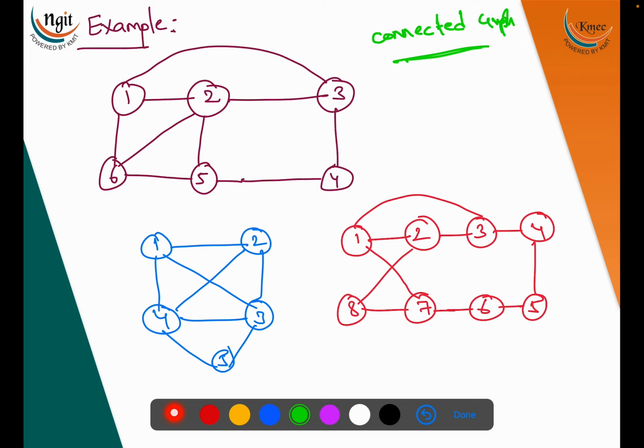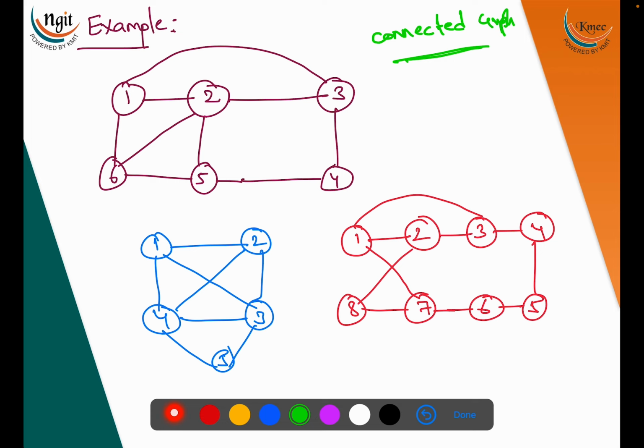This is a connected graph with different vertices, with connections from one vertex to another.